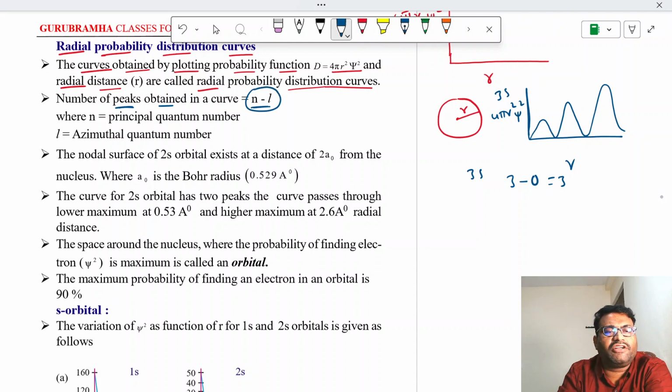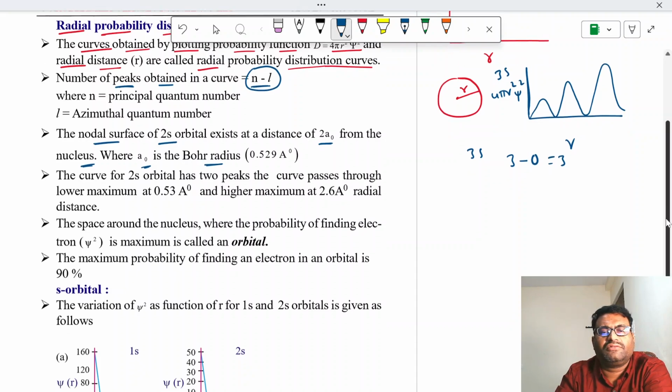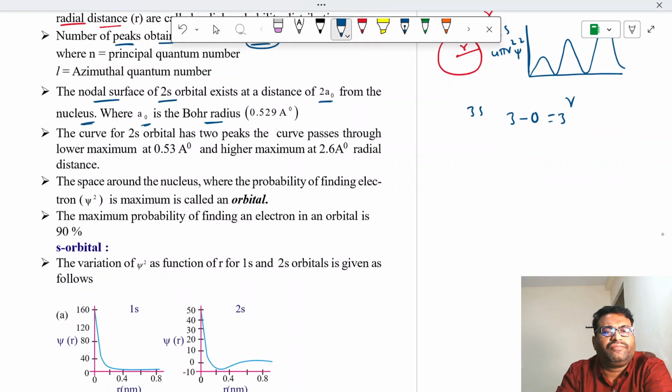Next, the nodal surface or spherical node for the 2s orbital exists at a distance of 2a0 from the nucleus, where a0 is the Bohr radius. The curve for 2s, which we have already drawn, has two peaks and passes through a lower maximum.